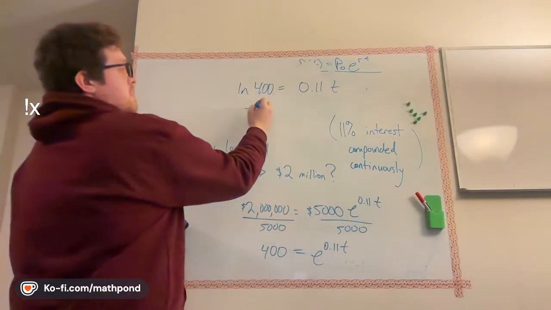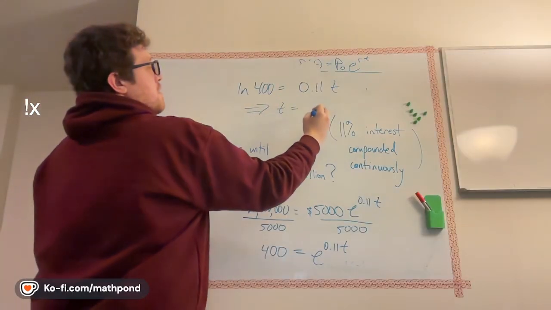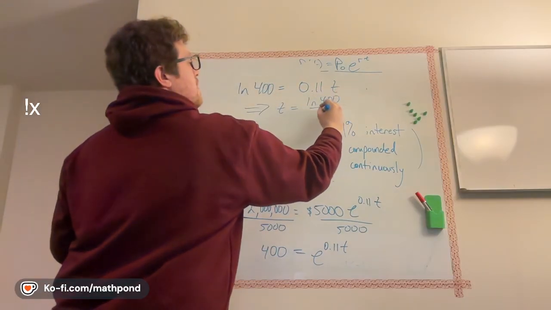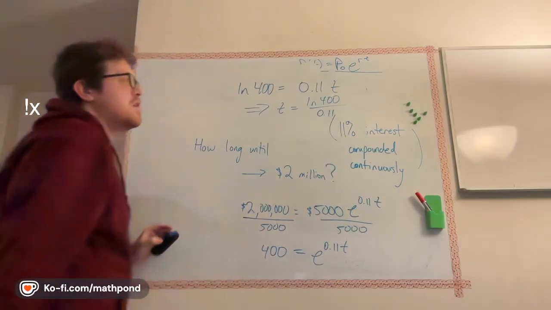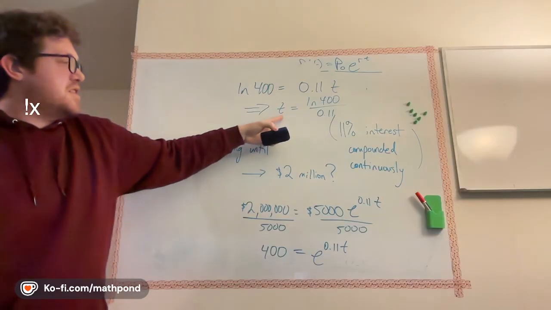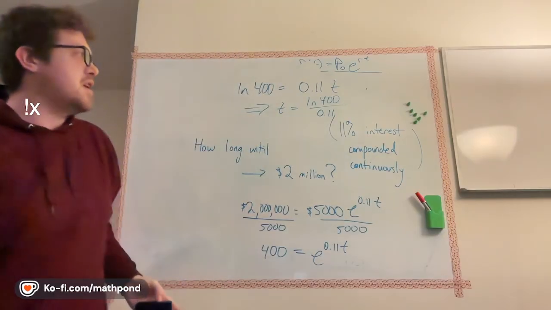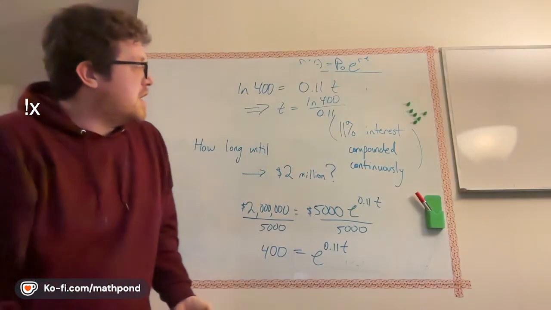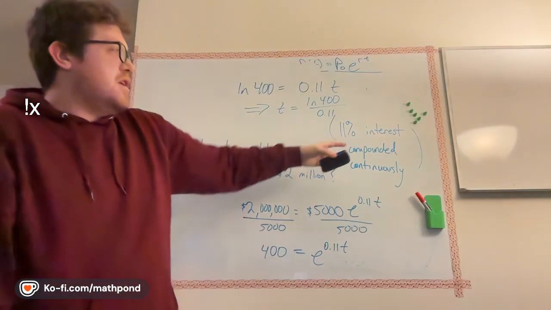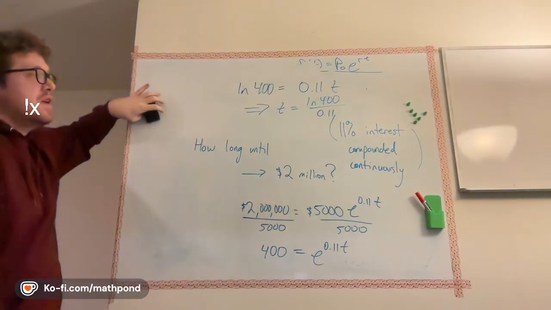And then, so t is, yeah, I need a calculator for this. But whatever this number is, that's the first time that we'll reach $2 million. In, I guess, in units of years, if this is an 11% yearly rate.